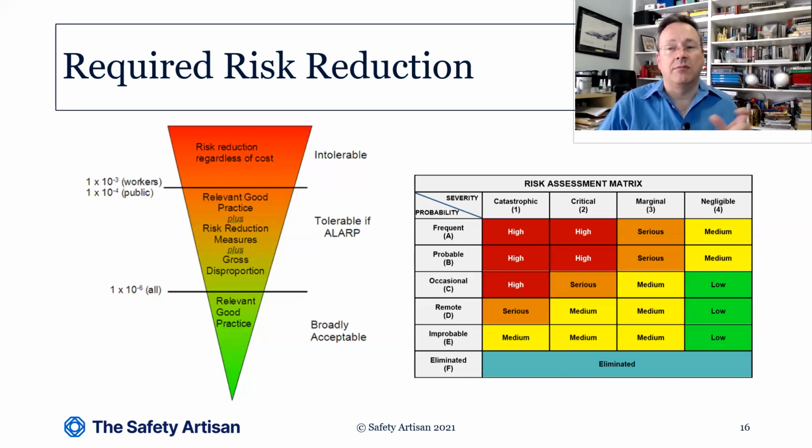Essentially, it's the same thing, reasonably practicable, okay? So we must ensure that we have applied all reasonably practicable risk reduction measures. And once we've done so, if we're in this tolerable or broadly acceptable region, then we can live with the risk. The law allows us to do that. So that's how it's done in the UK and Australia.